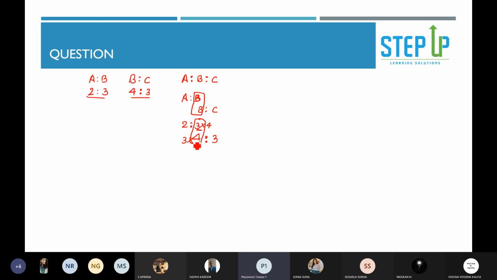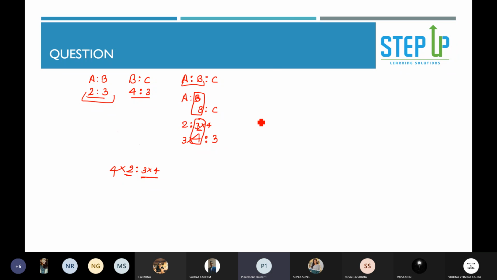Now, when you just take 2 into 3 into 4, do you think this will be in the ratio of 2 is to 3? Because A is to B has to be in the ratio of 2 is to 3. So to get in the ratio of 2 is to 3, I'll multiply 4 here also.